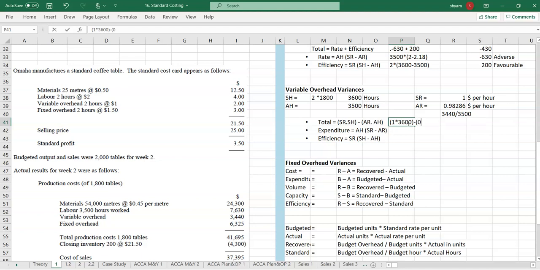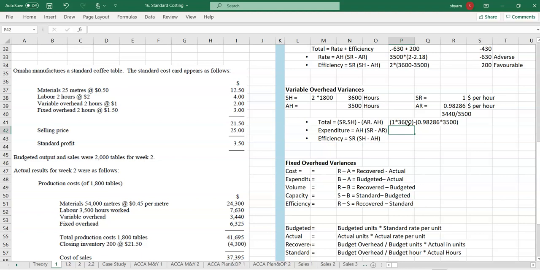AR. Actually after the decimal you can take 3 numbers, that's more than enough, but we'll get the right answer because sometimes they would have taken all the numbers. So AR into AH, where AH is 3500 hours.